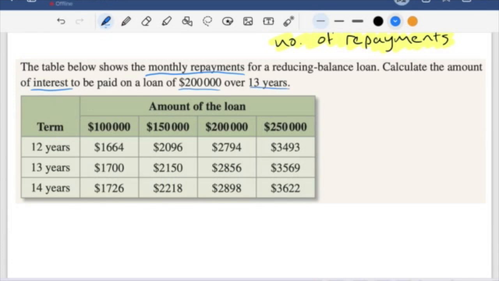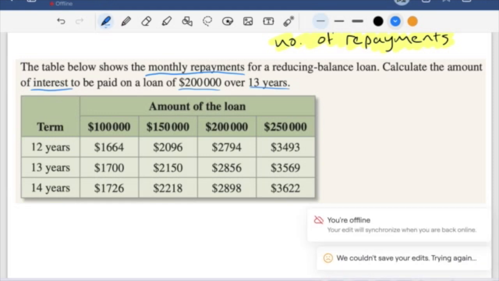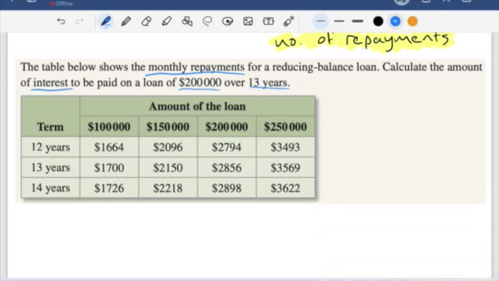So what this table basically tells us is the loan payments, or these monthly repayments on this particular loan, based on a term, which we have here, so how long this loan is for, as well as the amount of the loan. So we want to use this table to find what our actual monthly repayment is going to be. So I'm going to look at the key bits that I've underlined in my question.